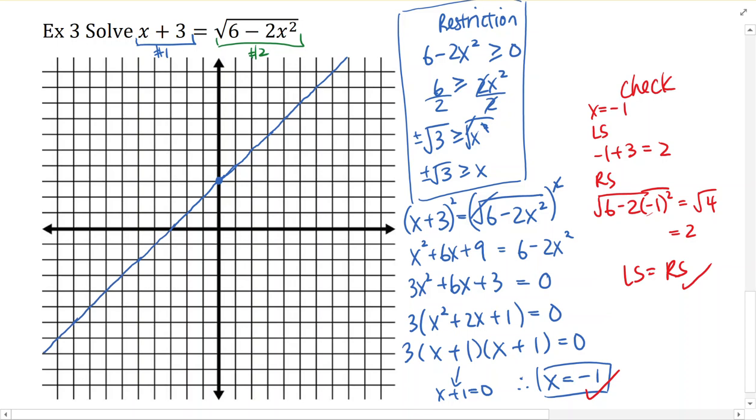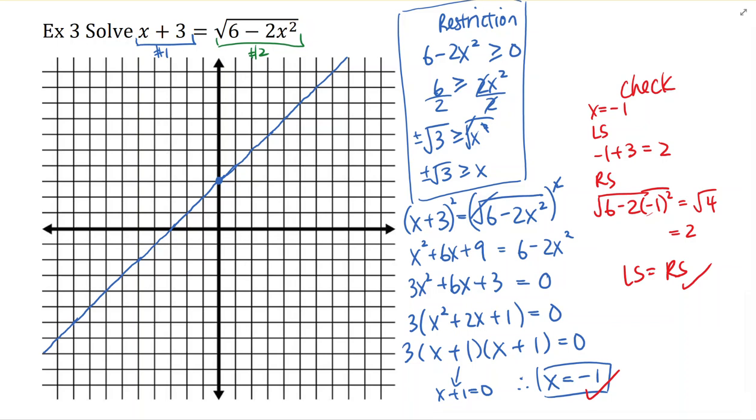Now our second graph is going to look a little trickier, isn't it? Because we have that square root underneath. So this is one of those square root of a function kind of graphs. First we'll need to graph what's inside.